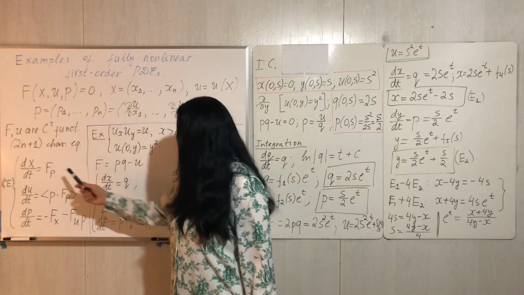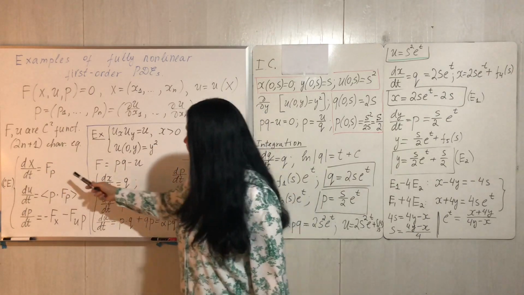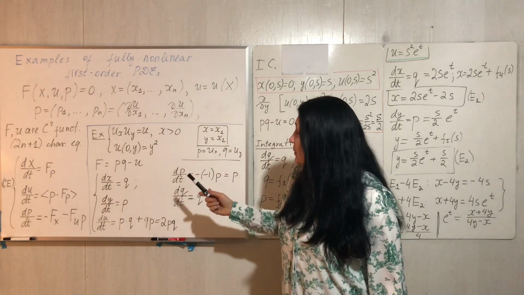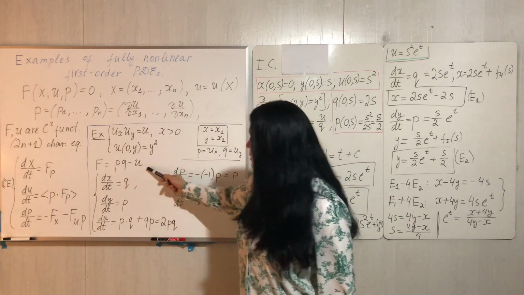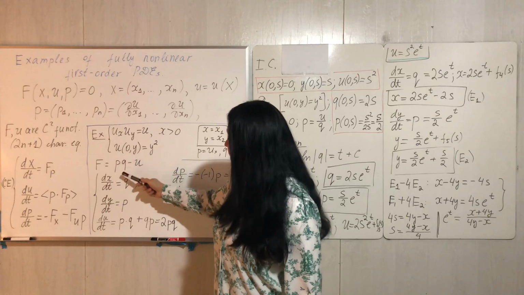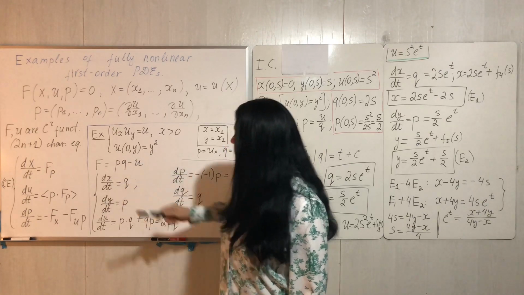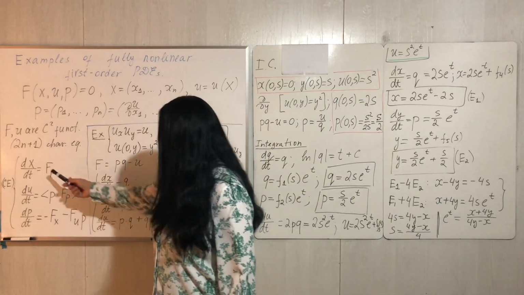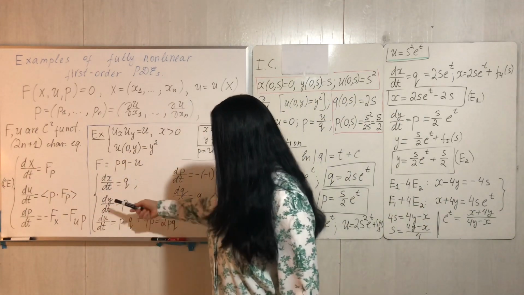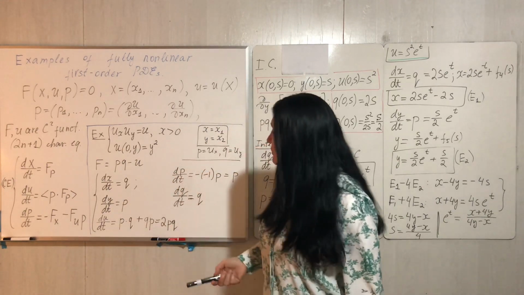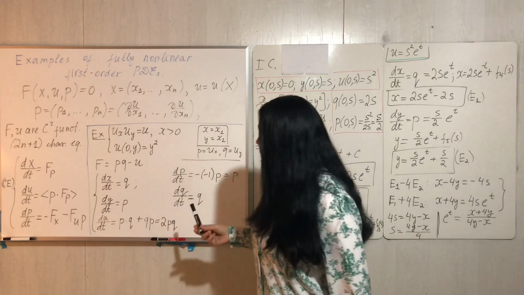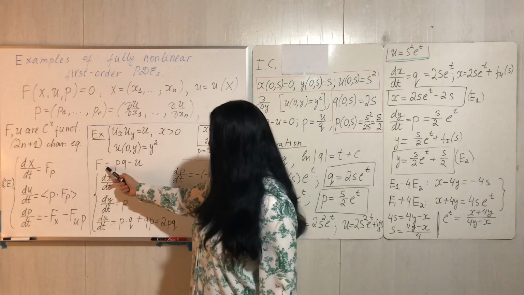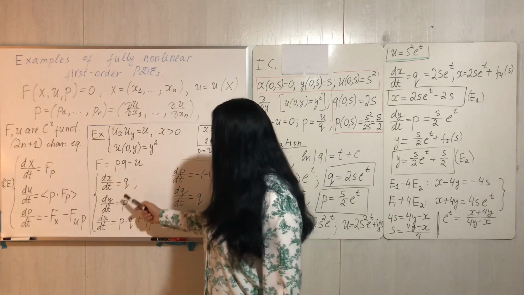The first of them would be dx/dt, and then we have to differentiate our function with respect to p, and we will have q, right? The second equation would be the same, dy/dt, where we differentiate with respect to q, and we have p.